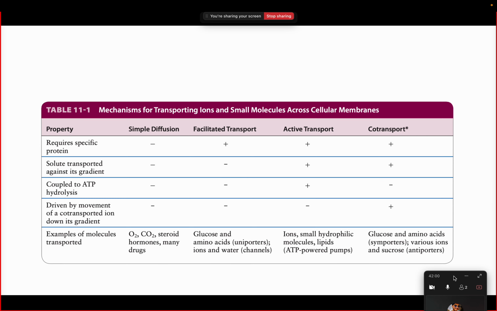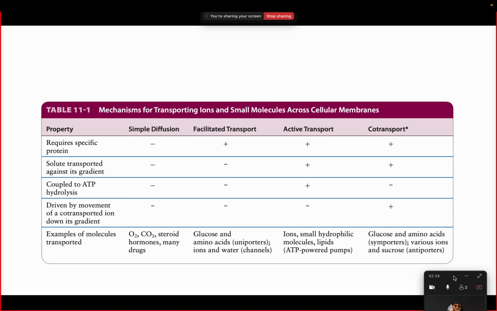Okay, these are the basic properties which are associated with these different types of transportation. For example, requires specific protein. So only simple diffusion will be a type of transportation in which we do not require any specific protein. Solute transported against its gradient, this property will only be associated with active transportation, and active transportation is of two types: primary active transport and secondary active transport.